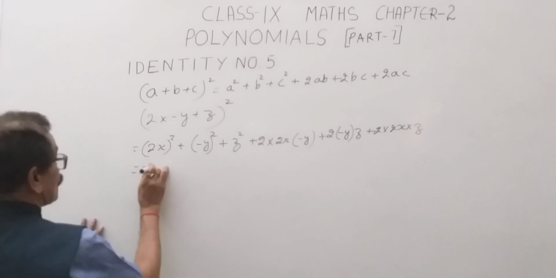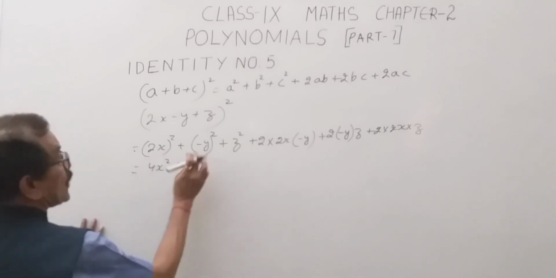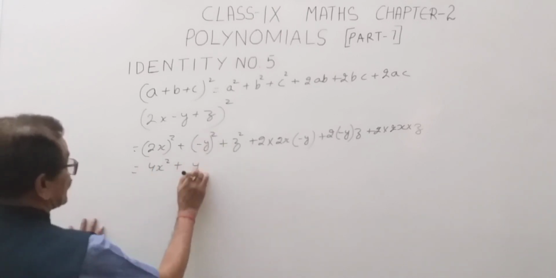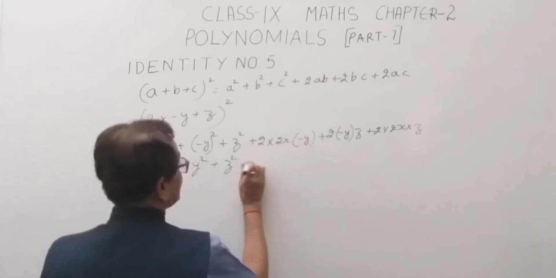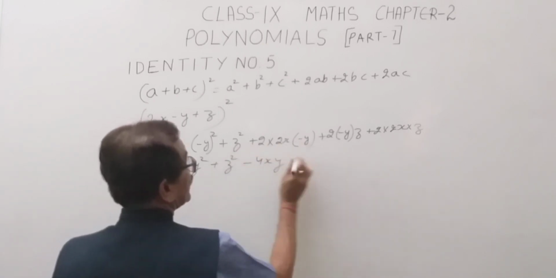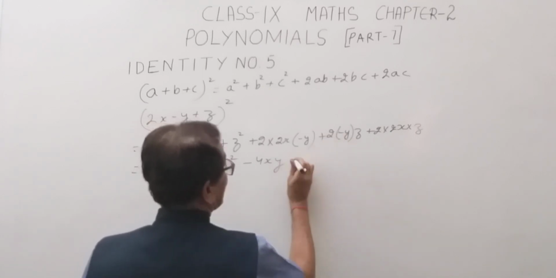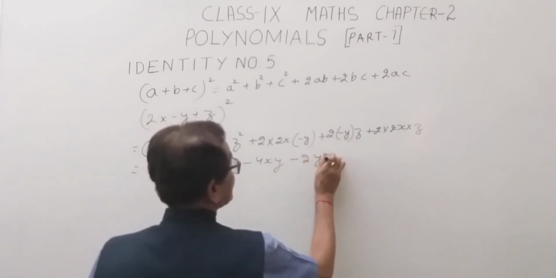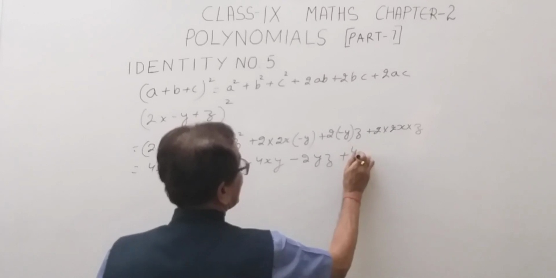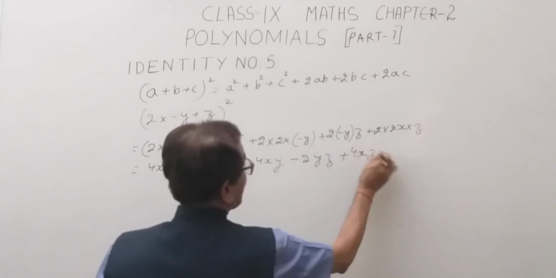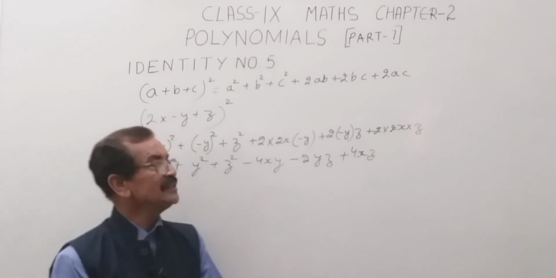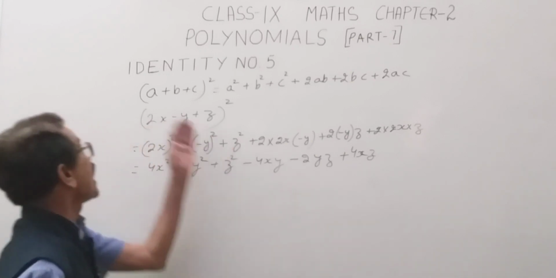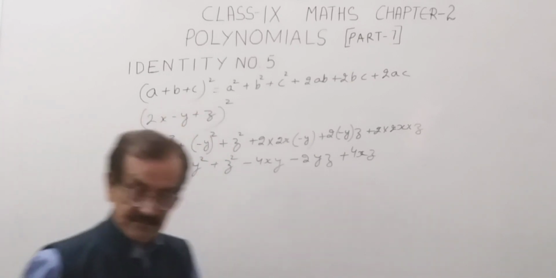To get 4x square, square of a number is always positive, so z square, positive; into negative, negative 4xy; plus into minus is minus 2yz; plus 4xz. And similarly, you can go ahead with doing all the different questions where one or more terms are negative.